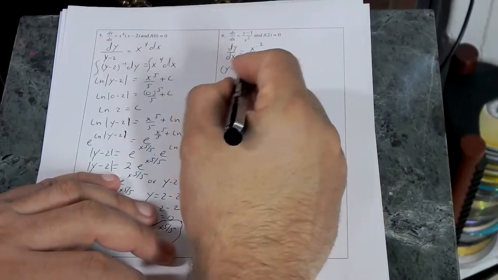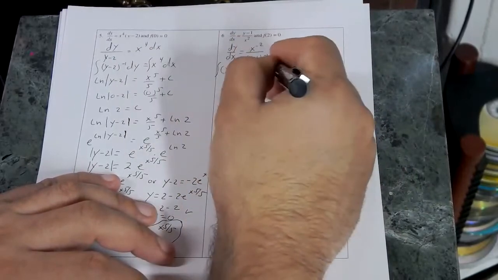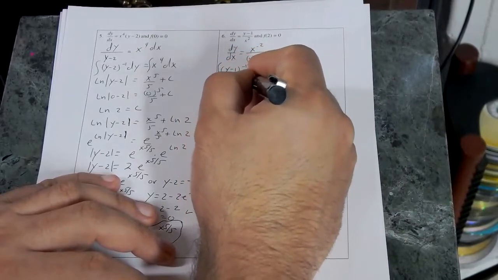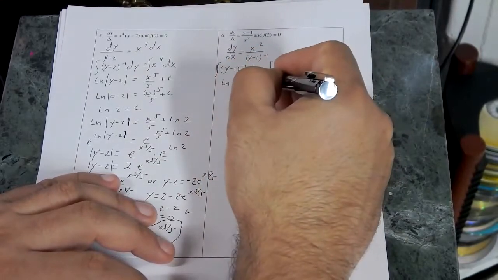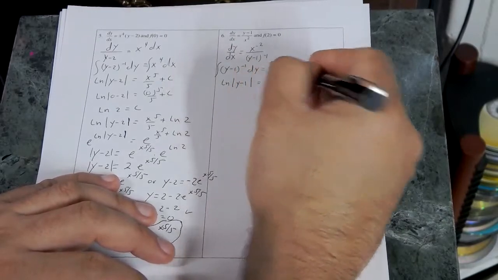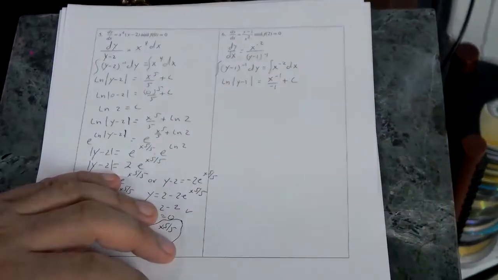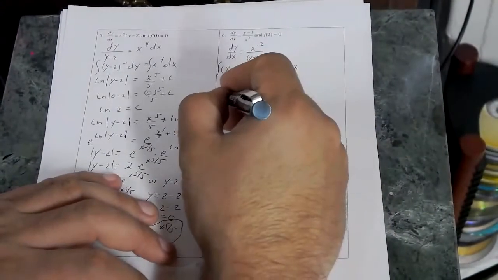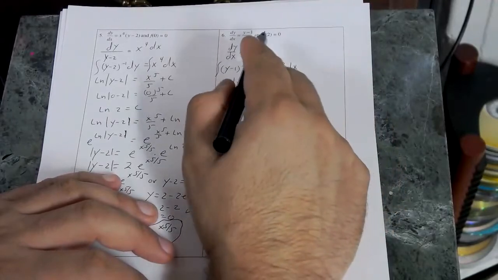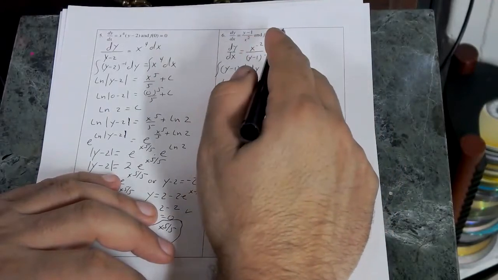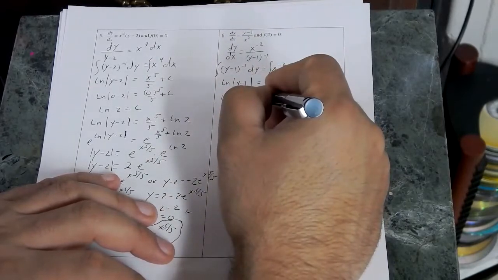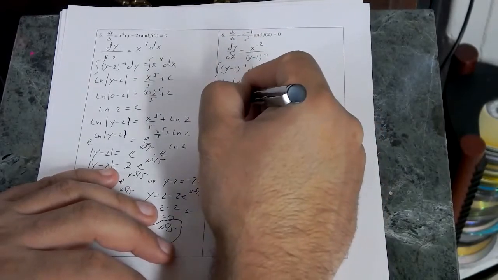Again, once I integrate this, as you see, this gives me the natural log of y minus 1 equaling x to the negative 1 over negative 1 plus c. Okay, so we end up with natural log of y minus 1 equaling, when x is 2 and y is 0, oh, I should have plugged in y to be 0 here.